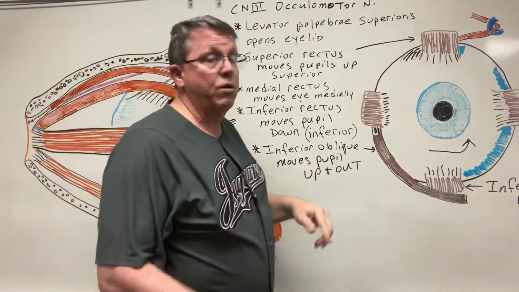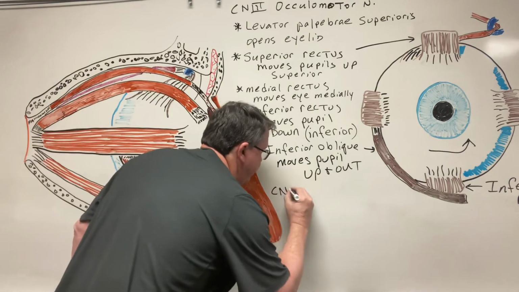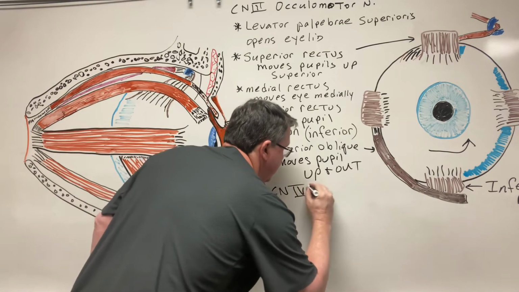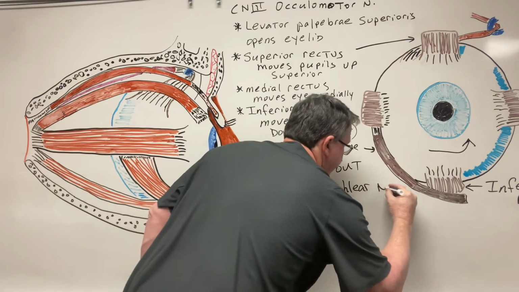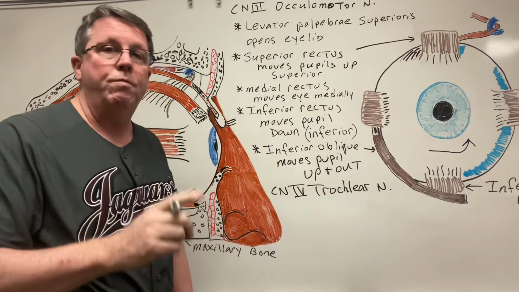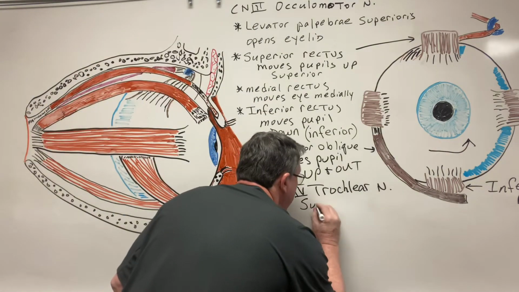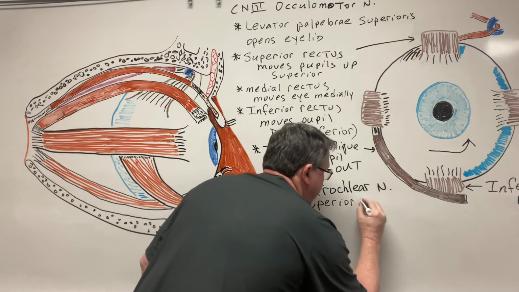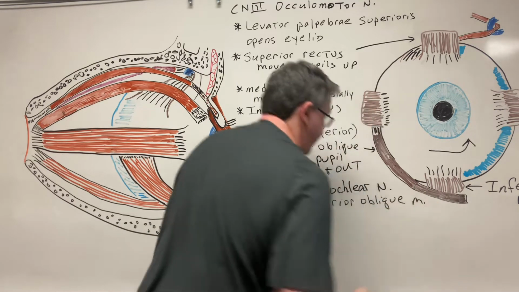The next one I'm going to do is cranial nerve number 4, and cranial nerve number 4 is called the trochlear nerve, okay? This controls one muscle. It's all motor. It controls something called the superior oblique muscle.